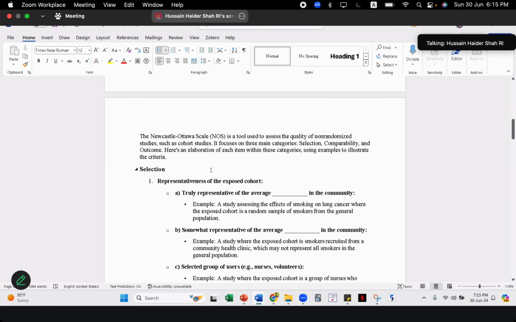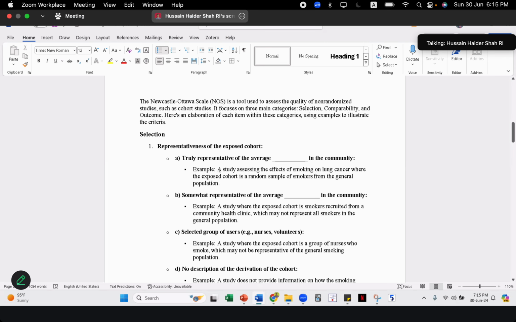Now consider this example: in the methodology section of a study assessing the effects of smoking on lung cancer, they have mentioned that the exposed cohort is a random sample of smokers from the general population. Now from the general population, it is a representation of the community of smokers.